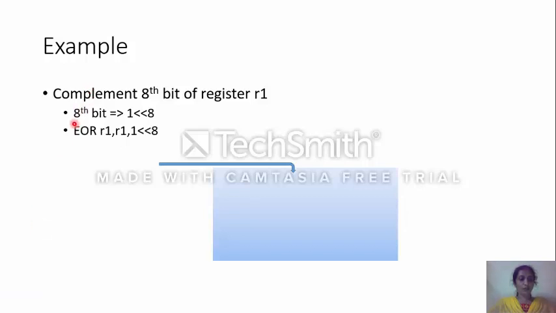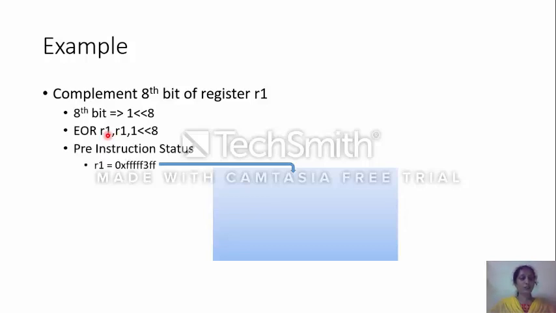Instead of writing a particular number, I am just mentioning it in the same way. I want the 8th bit, so it will start from 0. So 1 left shifted by 8 is XORed with R1 and the result is stored in R1. It means I am modifying R1.